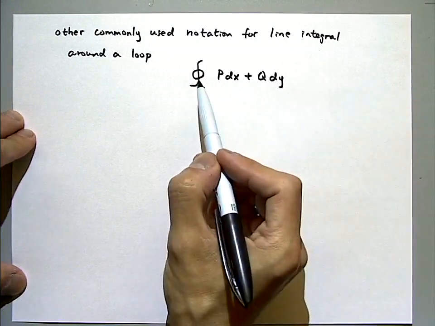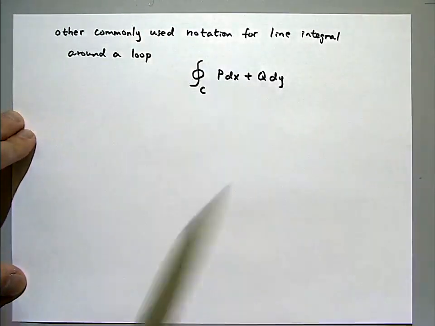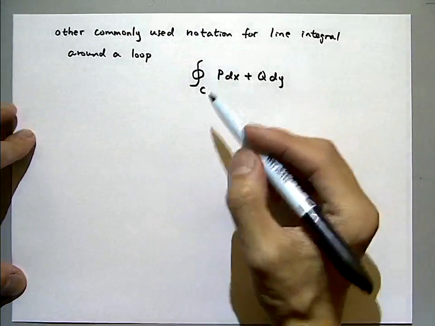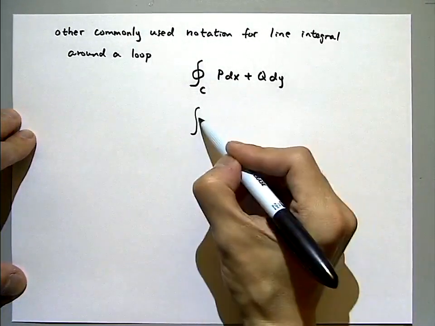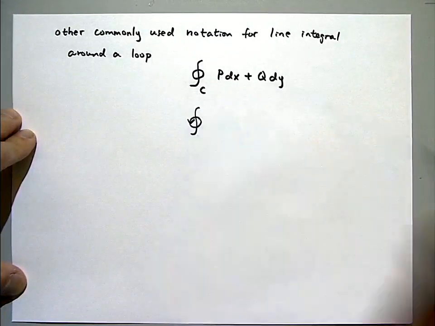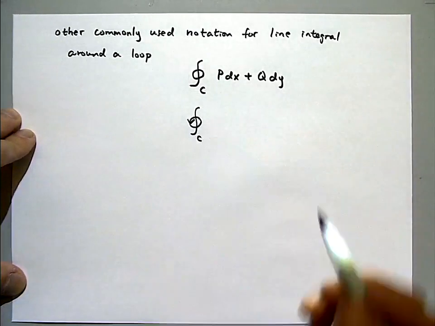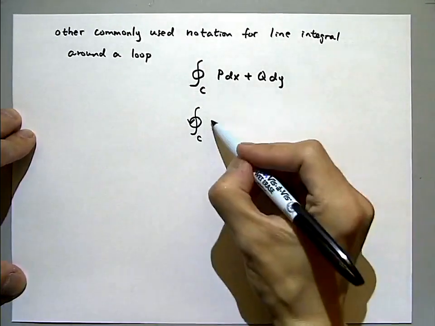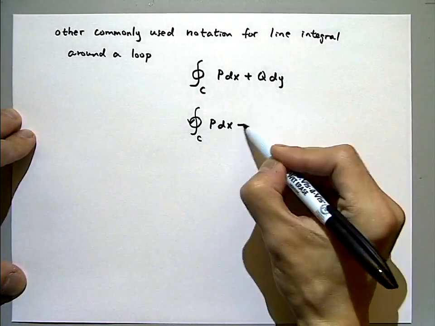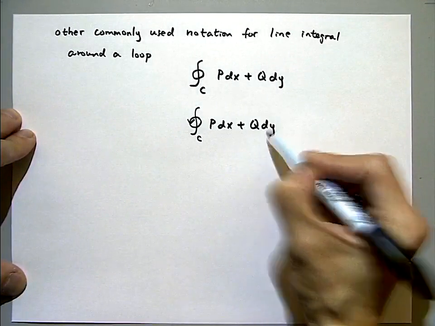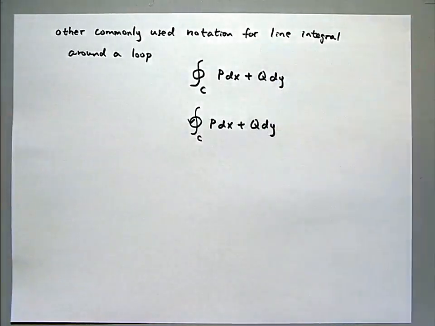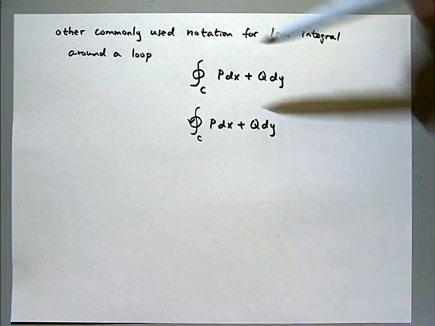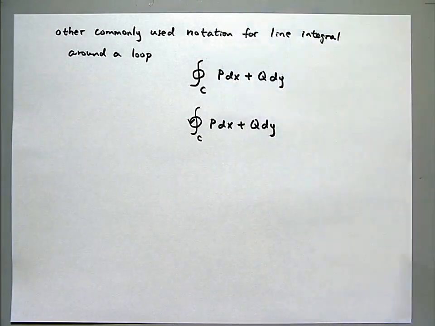When you see that circle, that means we're integrating around some kind of loop. Sometimes you even see the circle with an arrow very explicitly indicating the positive direction. And you see this notation quite a bit in physics and engineering. In many of the applications, you see this very often.